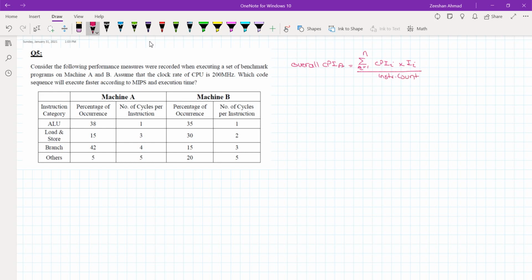Just ignore this one, this is not A, this is the general formula. Now let's suppose we are going to have the overall CPI of machine A.